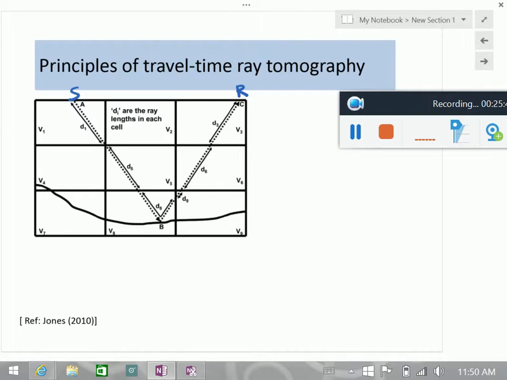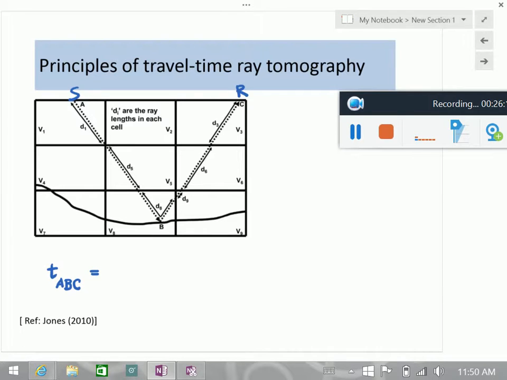So we record a time at C. I call it time A, B, C. So how do I know what's going on? You have to come up with a velocity model.